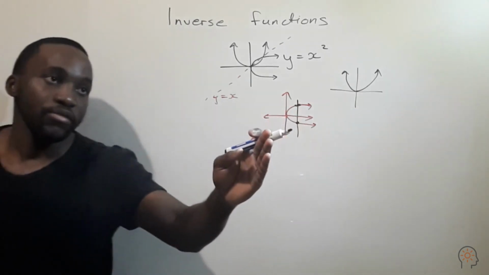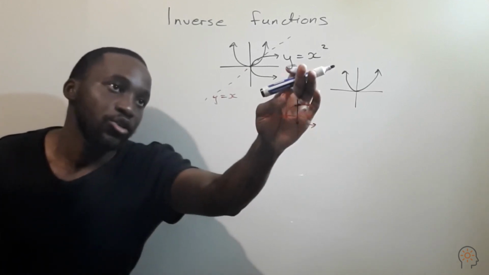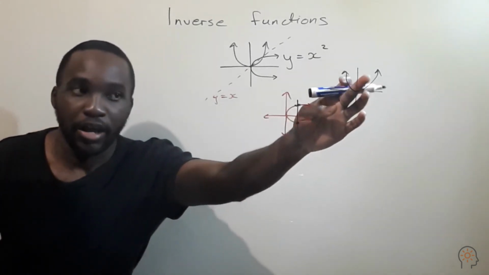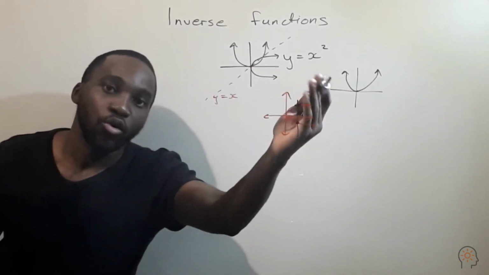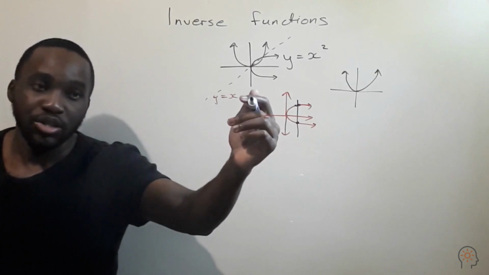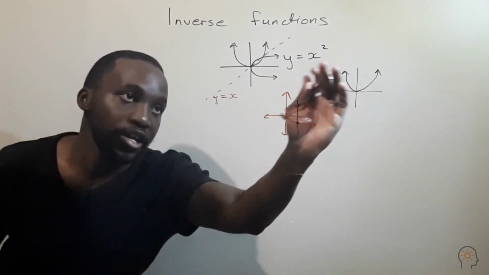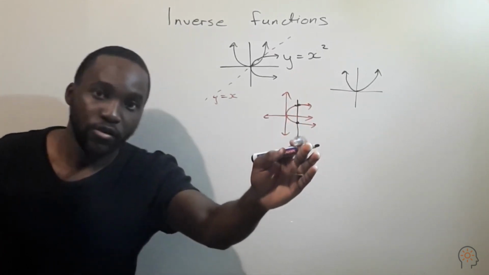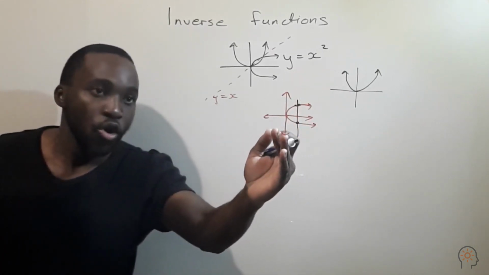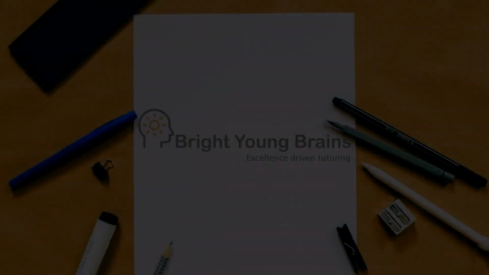So the key thing with inverse, what makes it simple, is that here we know this is the equation of our basic parabola. Getting an equation for the inverse of your original graph is very simple. We're going to work on how you can go from having an equation of a parabola to having an equation of the inverse, because that's one thing you will always need to be able to do with inverse functions.